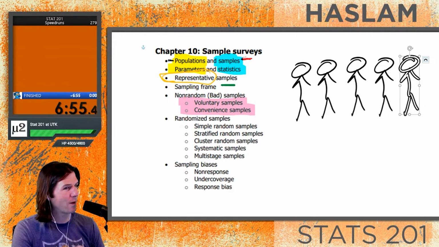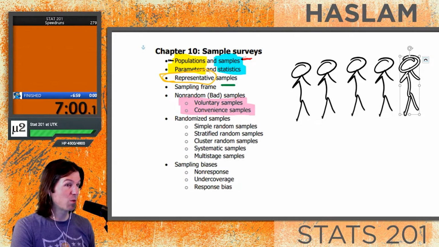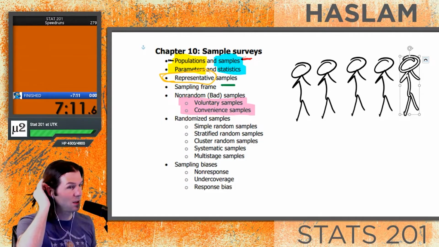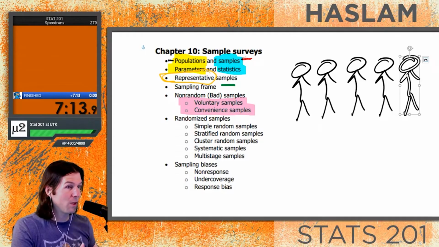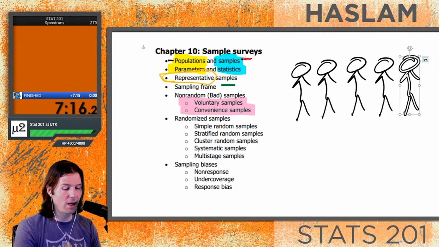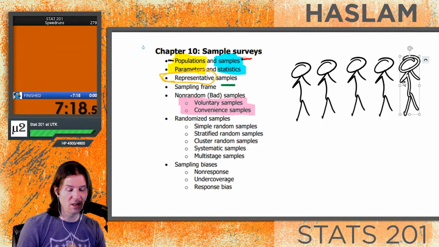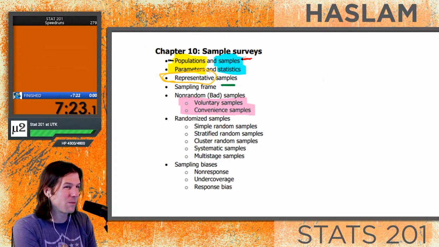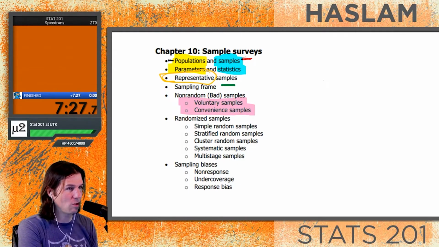Well, they talked to the first 5 people, the first 5 people they had access to. Is that really representative of everyone in the line, or everyone interested in buying the console? If we want to understand the views of the population, which might be people who play video games, then we need a representative sample of people who play video games. The first 5 people in a line buying a console would not be representative of all individuals who play video games. They're going for the easiest people to talk to, and those aren't really the views of the whole population.